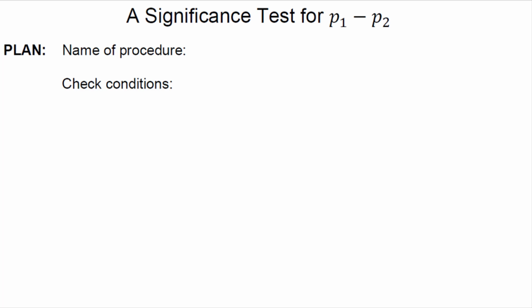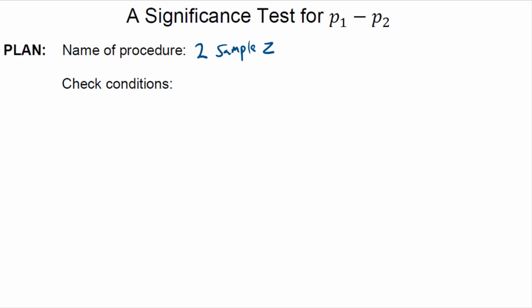We can simply say that we have a two sample z-test for a difference in proportions. You don't have to write out all of that as you would read it.